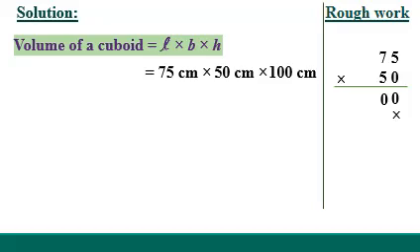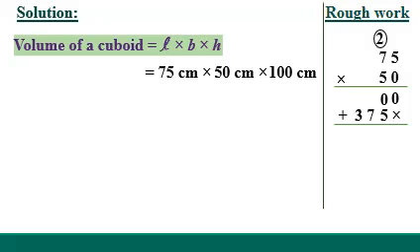So we will write down 5 below 0 and 2 will be taken as carry above 7. 7 times 5 is 35. So 35 will be added to the carry and 35 plus 2 will give us 37.